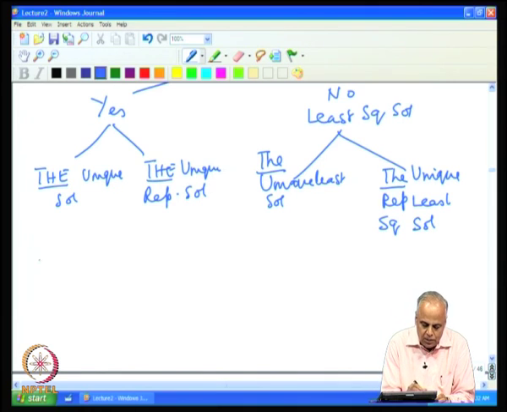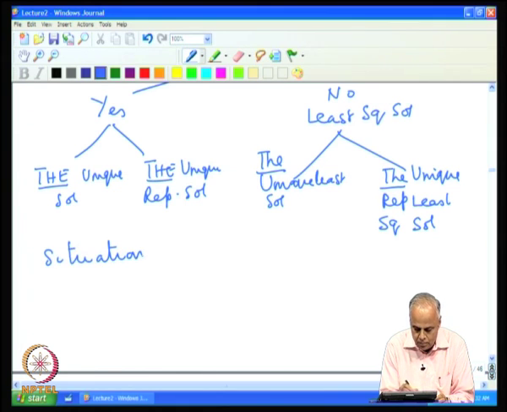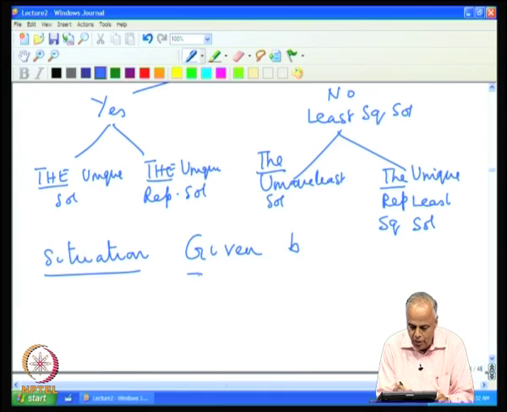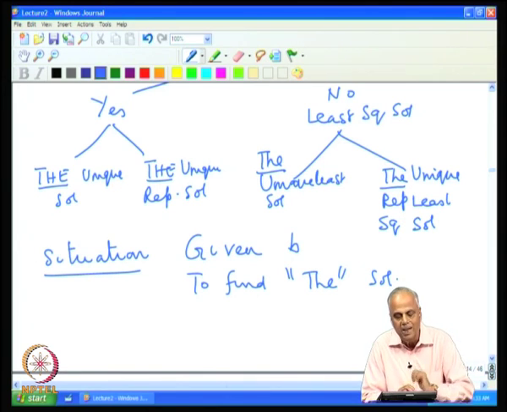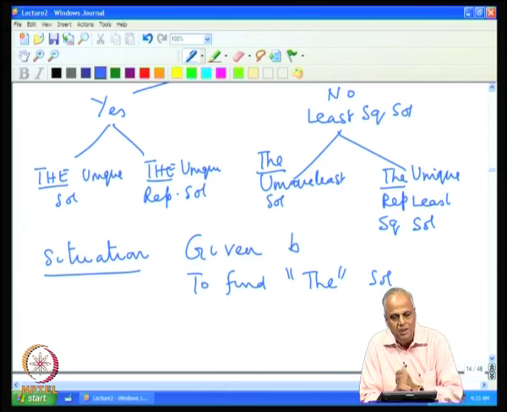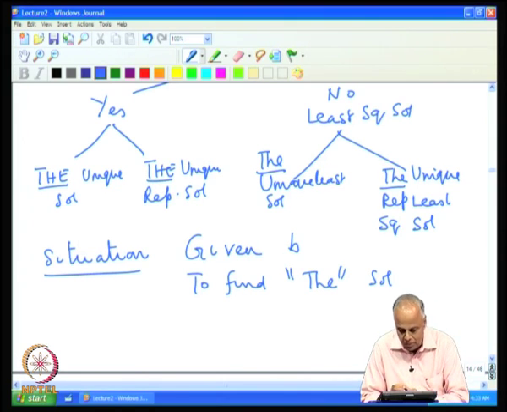So, we have this situation: we are given b, we want to find in each one of these cases the solution. When we say the solution, we mean the unique solution in the first case, the unique representative solution in the second case, the unique least square solution in the third case, and the unique representative least square solution in the fourth case.